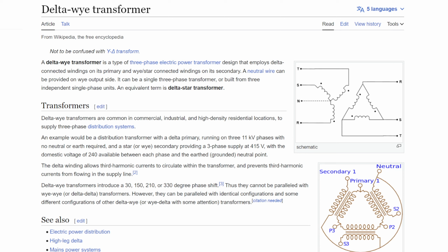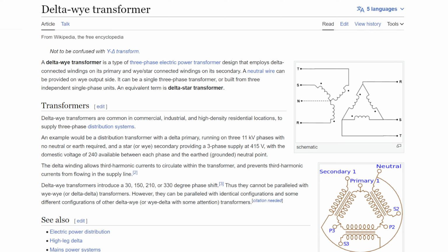The delta winding allows third harmonic currents to circulate within the transformer and prevents third harmonic currents from flowing in the supply line. Delta Y transformers introduce a 30, 150, 210 or 330 degree phase shift. Thus they cannot be paralleled with YY or delta-delta transformers.